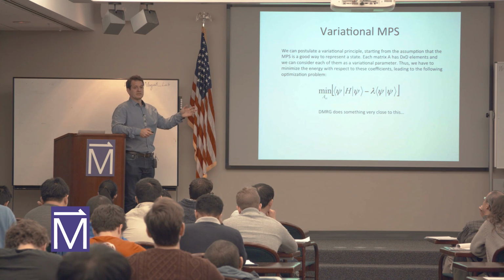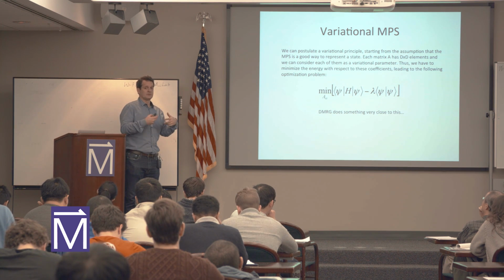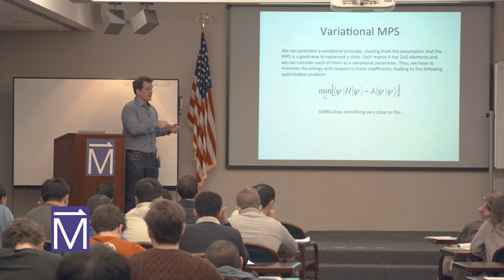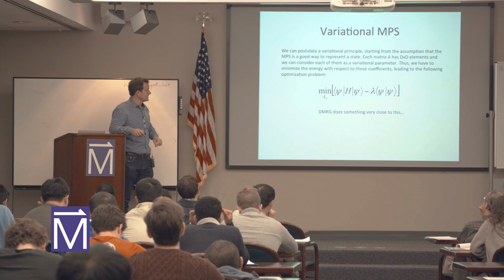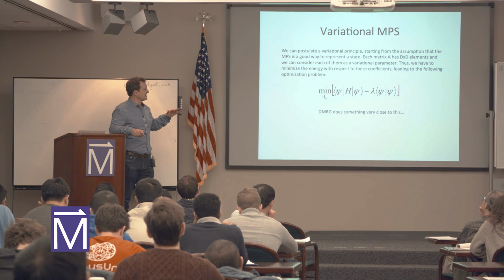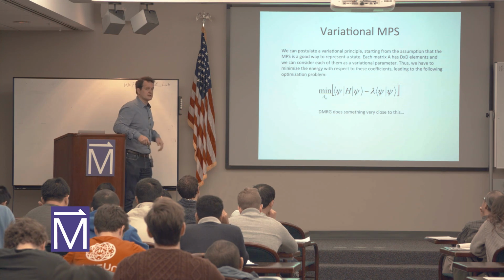You start with, say, random matrices. And at every step, you minimize this variational energy, and you improve them. And the way you do this is doing singular value decompositions and so on and so forth. So you still need to do a compression. But the fact that you're doing a variational optimization is more obvious in this case.